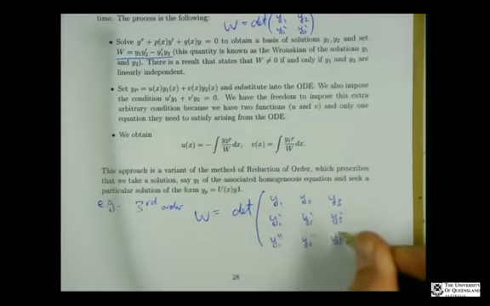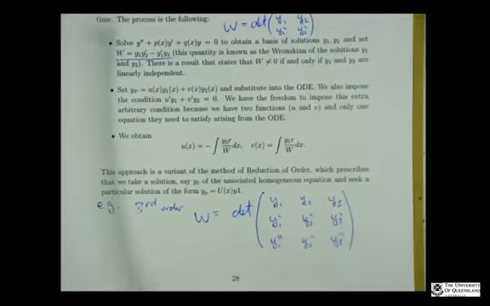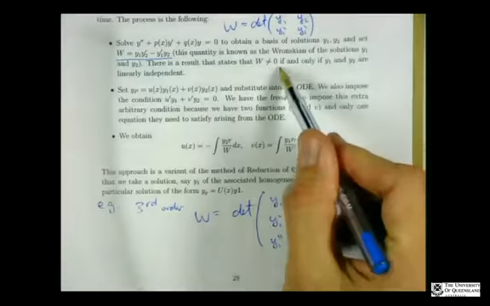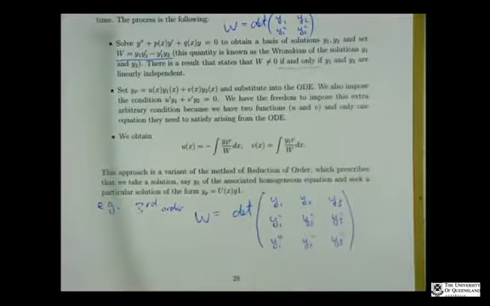This pattern continues for higher order cases. Actually, we can talk about the Wronskian of 2 functions, or the Wronskian of 3 functions, and define it in this way. The result regarding linear independence is a little bit different: if the Wronskian is non-zero, then the functions are linearly independent. But when we're talking about solutions of a homogeneous linear differential equation, the statement is actually an if and only if.